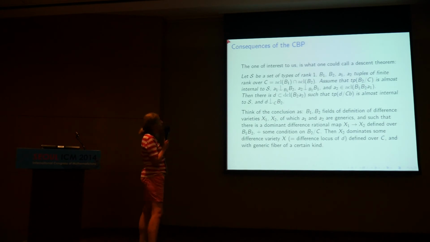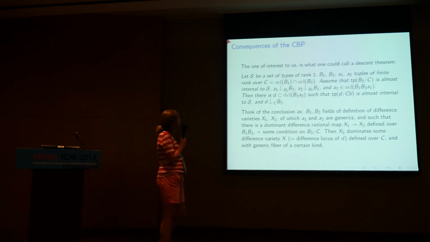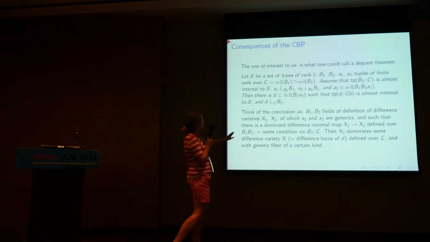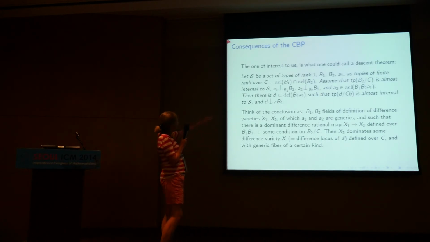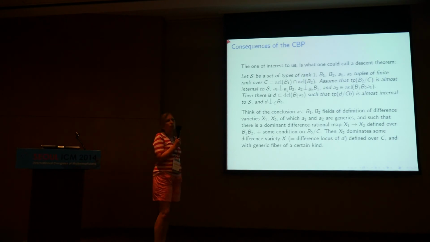And the conclusion is that under that situation, you have a D contained in the B2 A2 part, such that the type of A2 over C D is almost internal to S, and D is independent from B2.